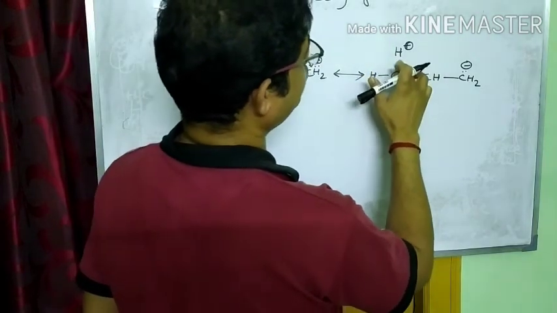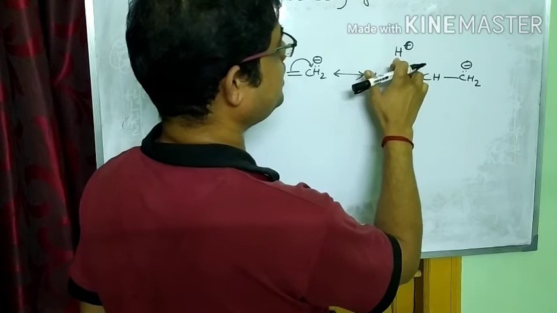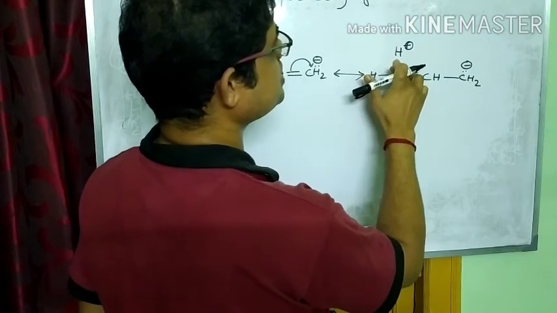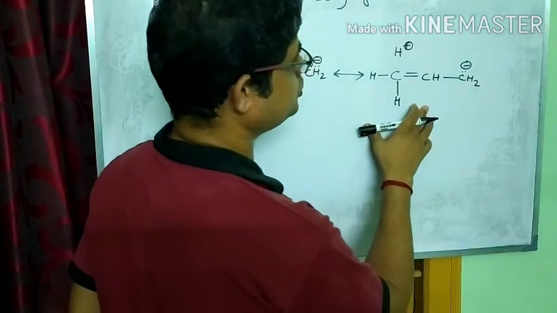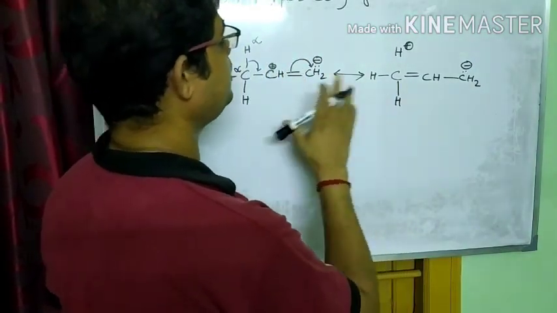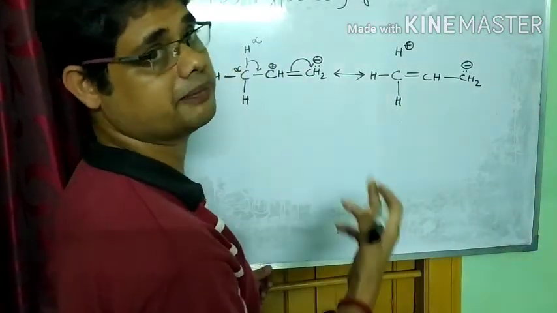Here overlapping exists, but these electrons are shifted to here. This type of hyperconjugation makes the compound very stable.